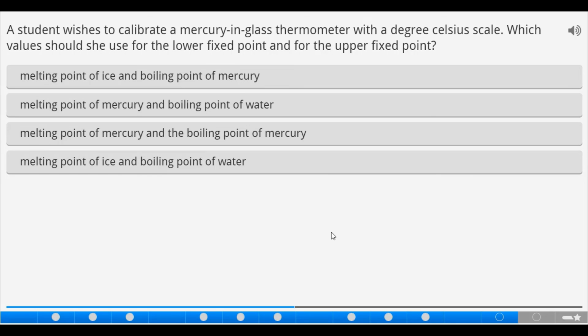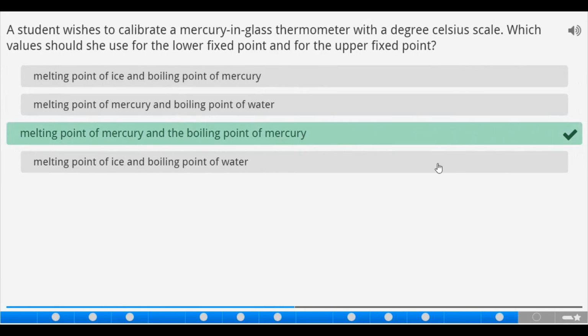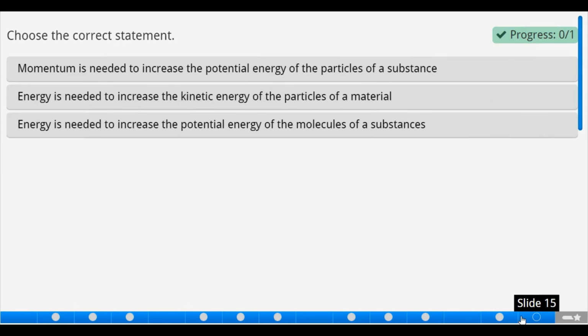The lower fixed point of mercury is very low, in the minus range, about minus 39 degrees Celsius. So with that, if it is mercury to be used in a glass thermometer, we must make use of what? The melting point of mercury and the boiling point of mercury. Do we have it as part of the options? That's correct.